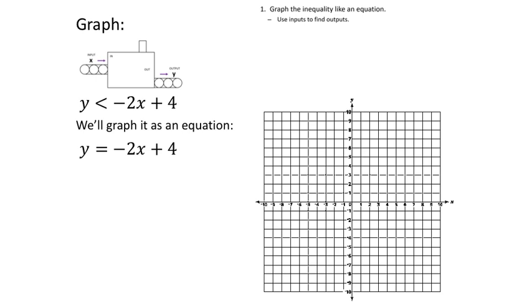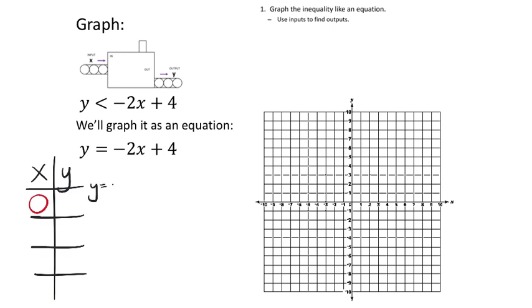So I will build myself a table of x and y values to correspond with each other. We'll set up 4 points here. That should be enough. And the first value of x, as I usually will, I have chosen an x value that is 0. So I look at my equation, y equals negative 2x plus 4.